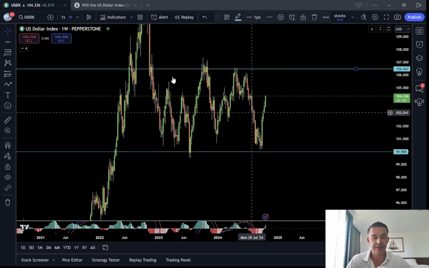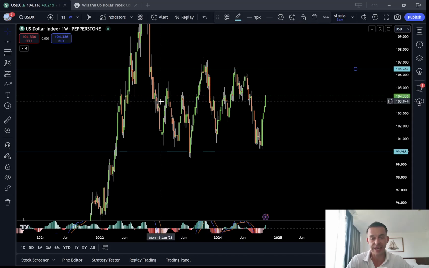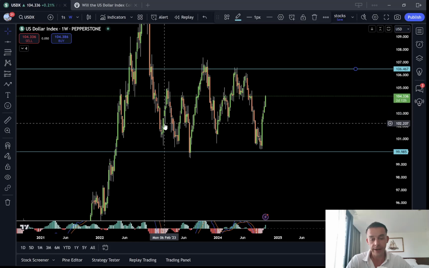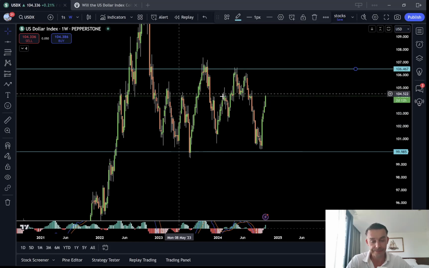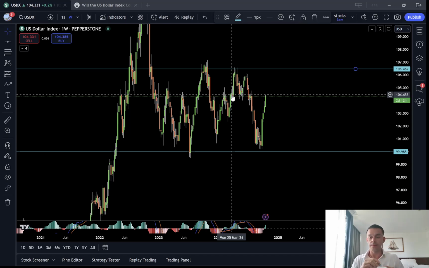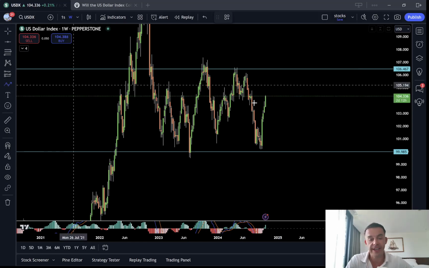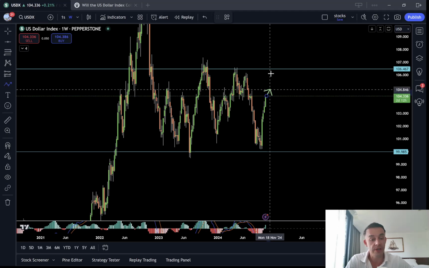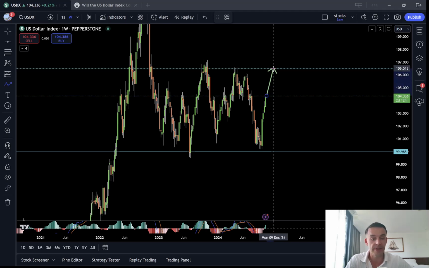That is the range of the last year and a half. So this market is very overextended. It could just blow straight up through to the top of the range.